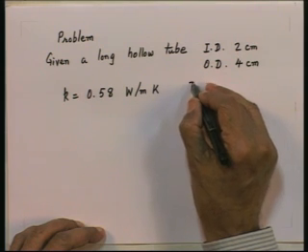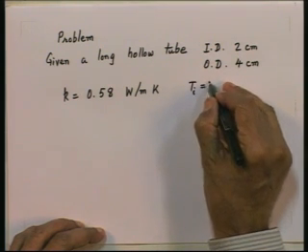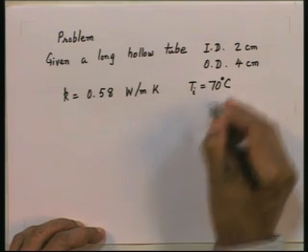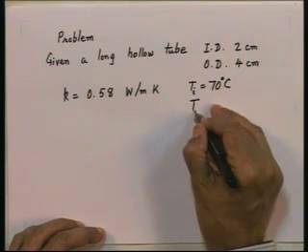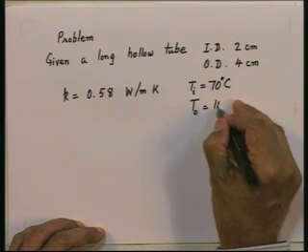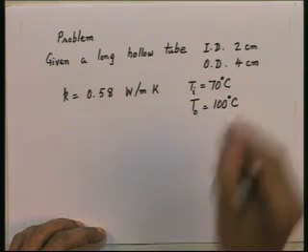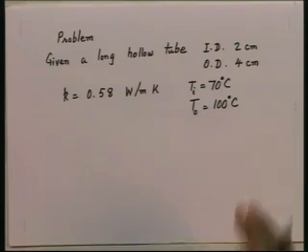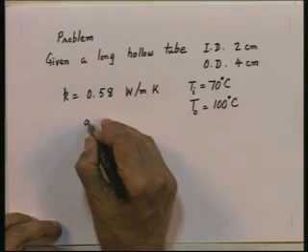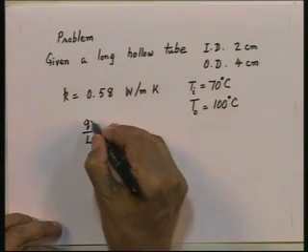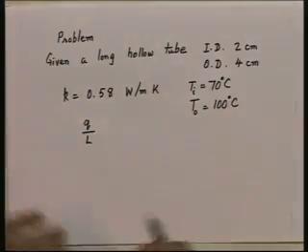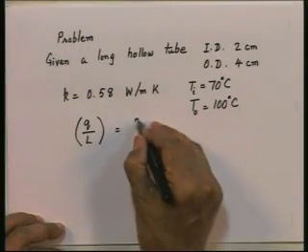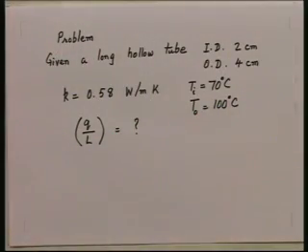And let us say the inner circular face is maintained at a temperature of 70 degrees centigrade and the outer face is maintained at a temperature of 100 degrees centigrade. This is the given data. Find the value of Q by L, the heat flow rate per meter length of the tube. It is a direct substitution into the equation that we have just derived.